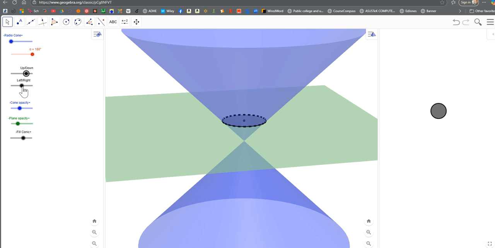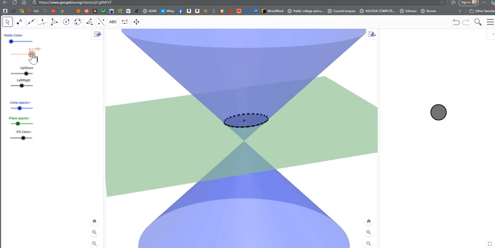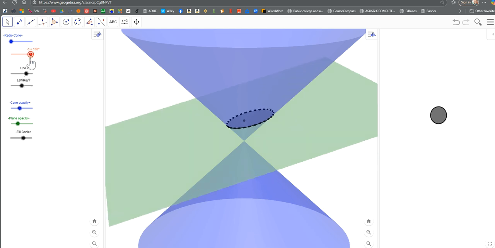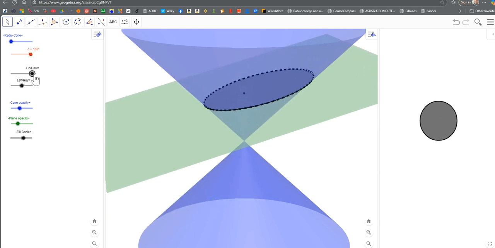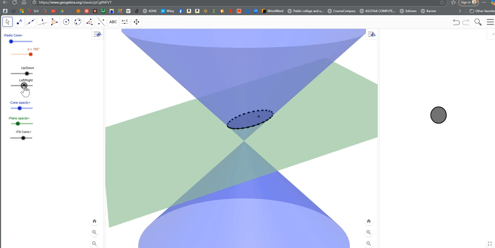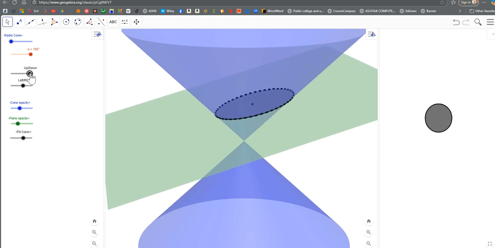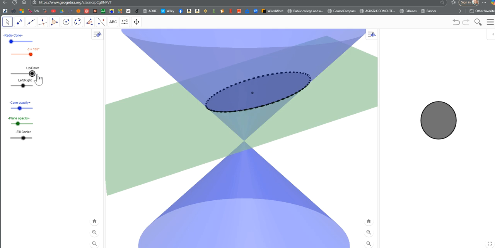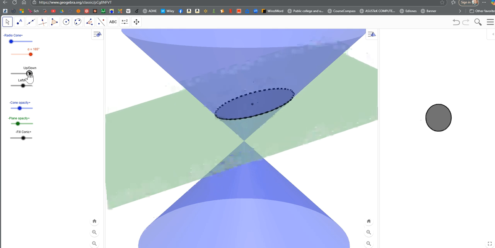Now what happens though if we rotate that just a bit? If we rotate a bit and then move it up or down, notice what happens now is we get an ellipse. Okay, and if we again continue to move that up and down, we can get that.